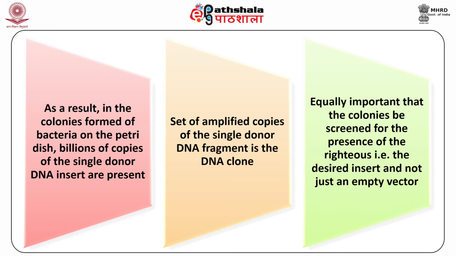It is also equally important that the colonies be screened for the presence of the right, that is, the desired insert, and not just an empty vector. For this purpose, multiple methods can be used. Most common ones are using an antibiotic in the culture plate against which a resistance gene is present in the plasmid.